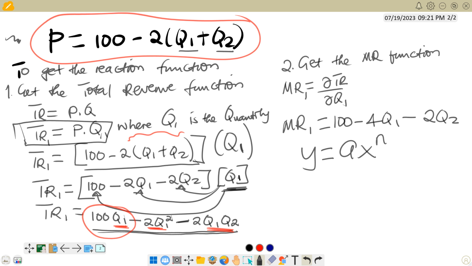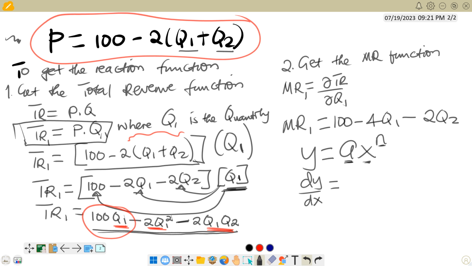How do we differentiate such a function? Well, this is what is called the dy dx. The way we get the dy dx is, first thing first, we know that this a here is the coefficient. So that's our coefficient. This x is the actual variable itself, and then that n there is the power.